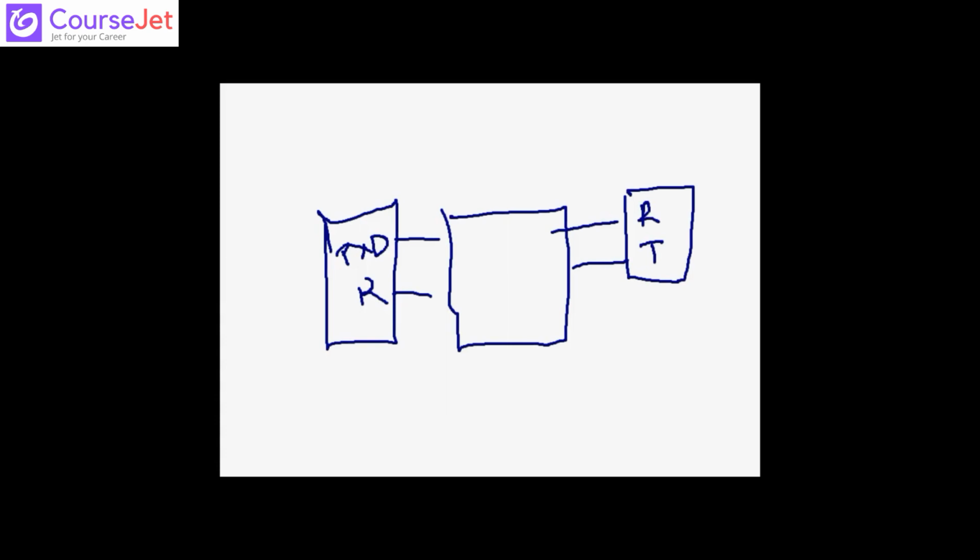Basically, what it contains is simply a gate. If you have any high signal or low signal, it simply converts it. Sorry, this is T and this is R. I got confused.